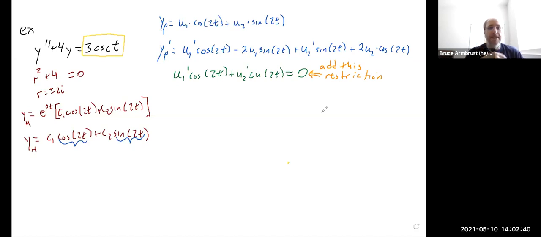Okay, well, here's the deal. Think about u1 and u2. Think of this as a system of equations kind of thing. If I gave you two random variables, and I apply one condition to them, that doesn't actually tell you anything about the variables. What if I told you A plus B is equal to 5? What does that make A and B?